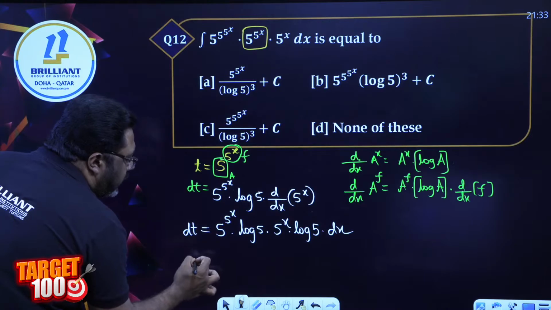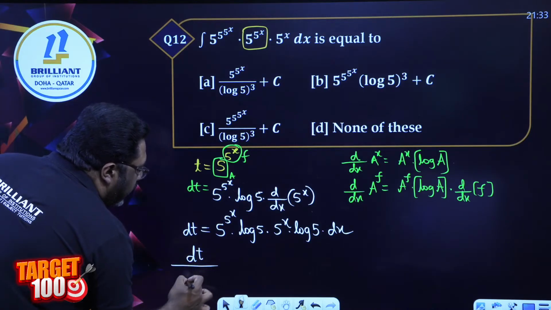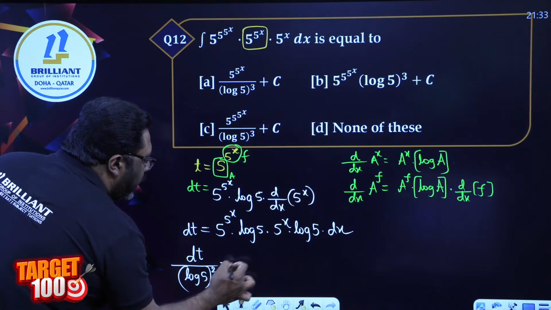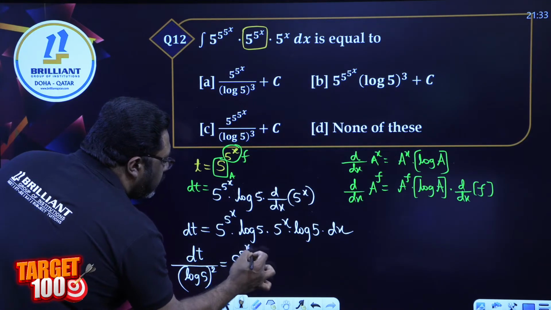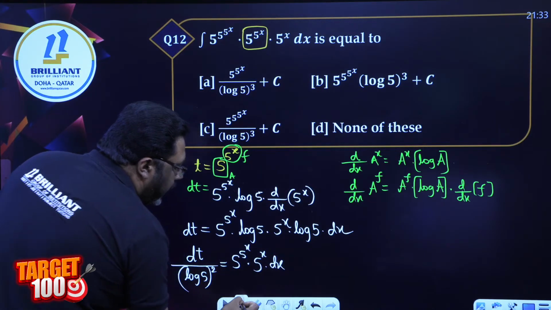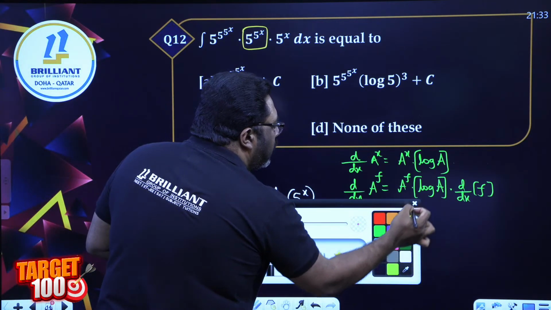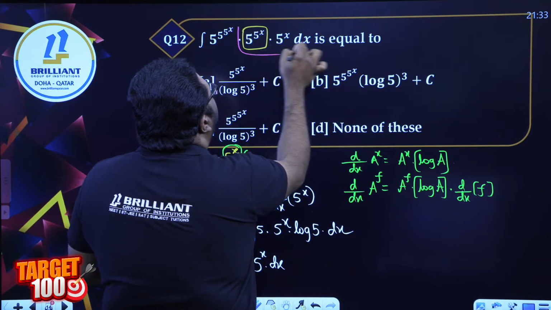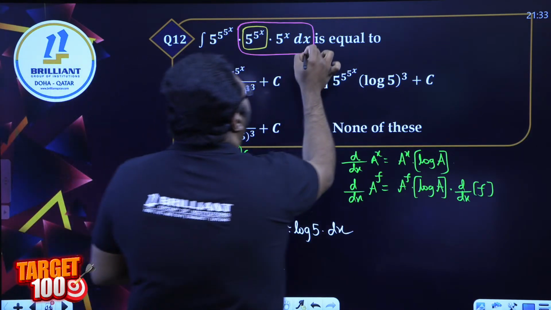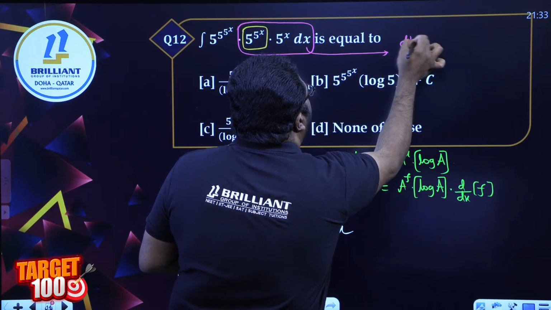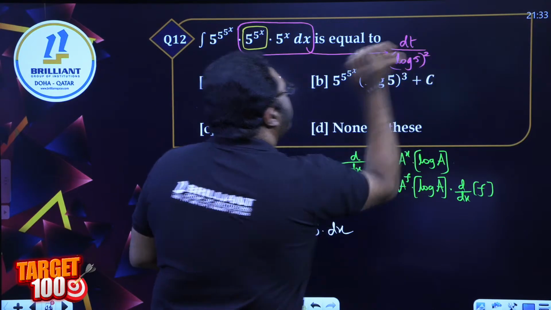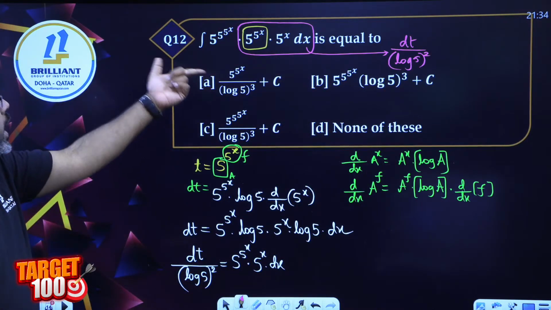So what's my dt? dt by log 5 squared is equal to 5 raised to 5 raised to x into 5 raised to x dx. Listen all of you, 5 raised to 5 raised to x into 5 raised to x dx is dt by log 5 squared.